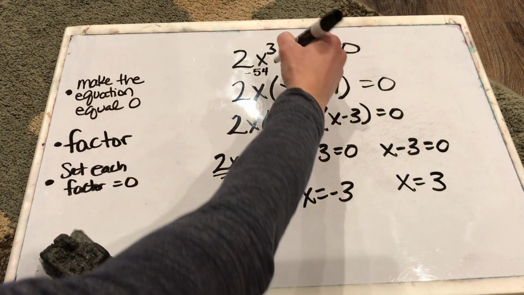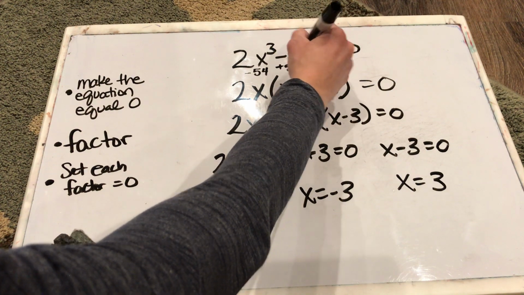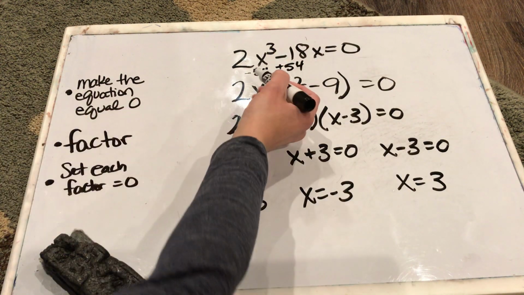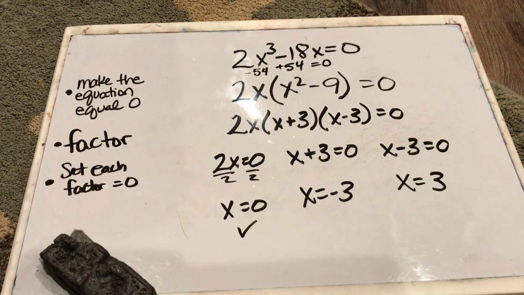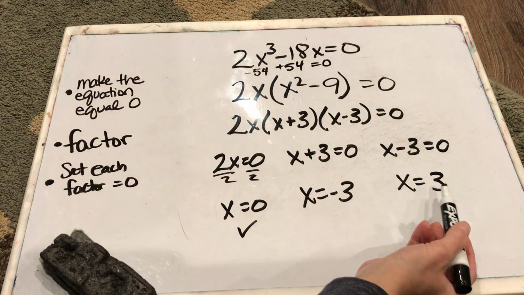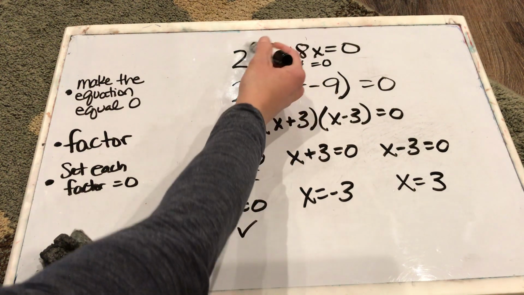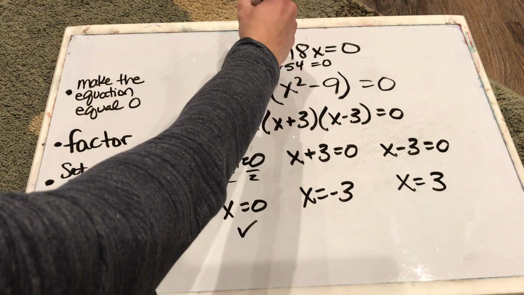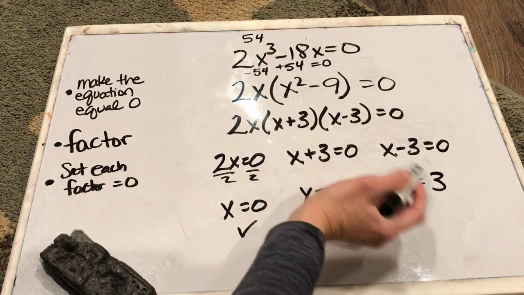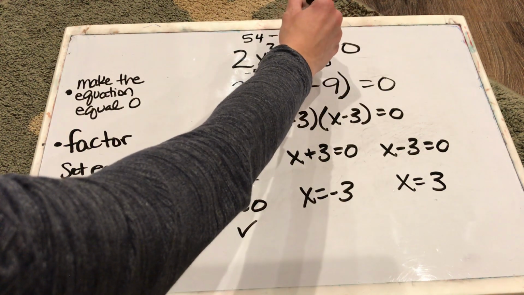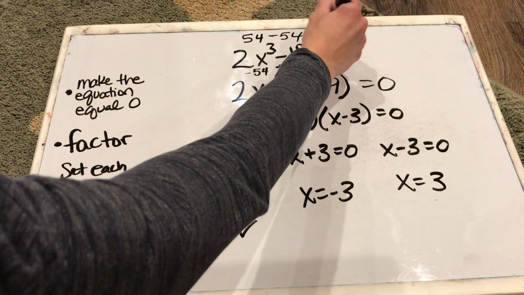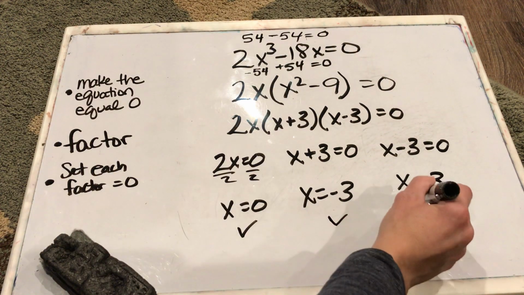Turns out that that's a positive 54 because the negative times a negative. And negative 54 and positive 54 add up to 0. You can imagine that if I put the positive 3 in this side, same number, but it will be positive now. And this side would be a negative 18 times a positive, so it would be a negative 54, and that is still 0. So all of these work.